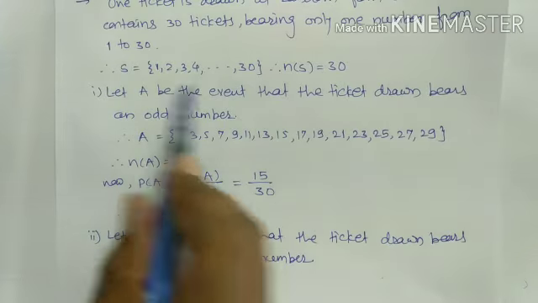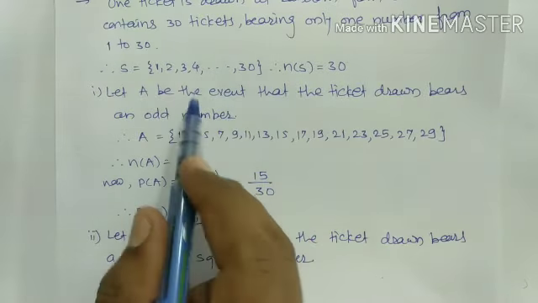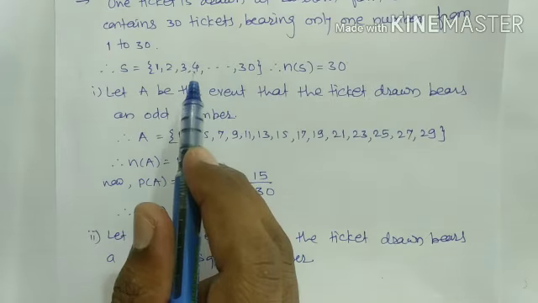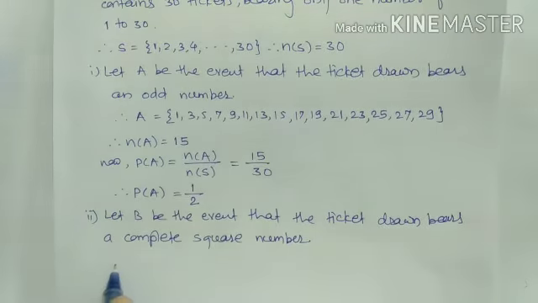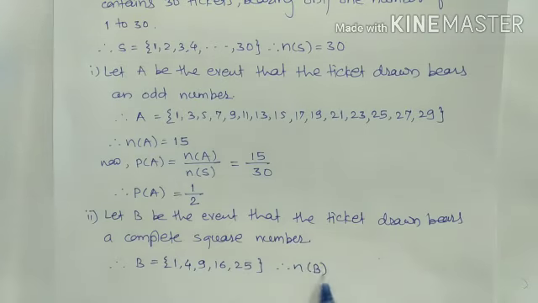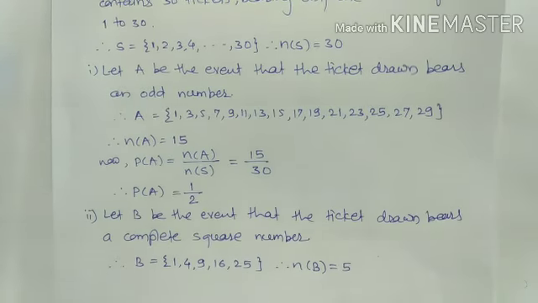Here the numbers are from 1 to 30. This event is that the ticket bears a perfect square number. From these we have to write the perfect square numbers. Therefore B, here perfect square numbers are 1, then 4, 9, 16 and 25. Therefore n(B) equals 5.